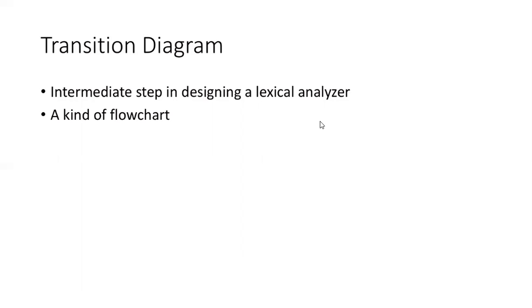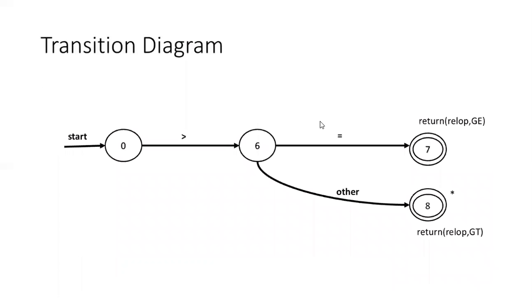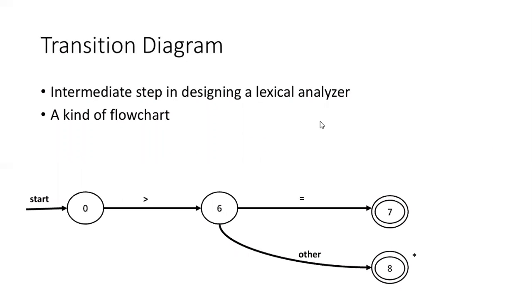Let's look at this diagram. This is a transition diagram. Here you can see there are these circles, this one and this one here. These are called states.